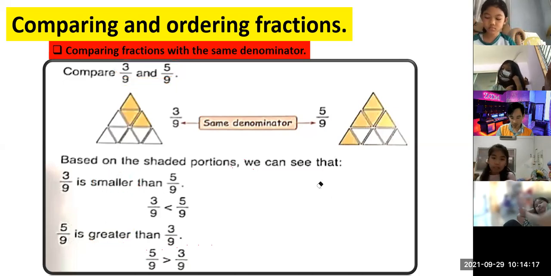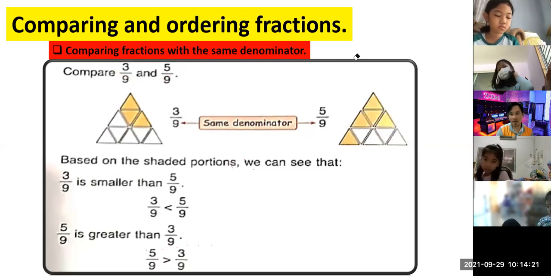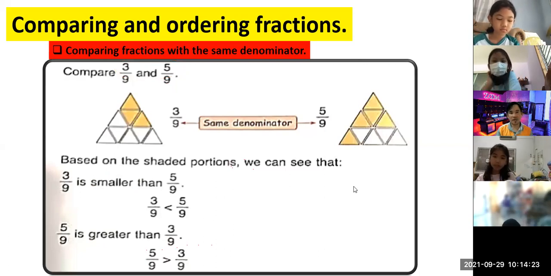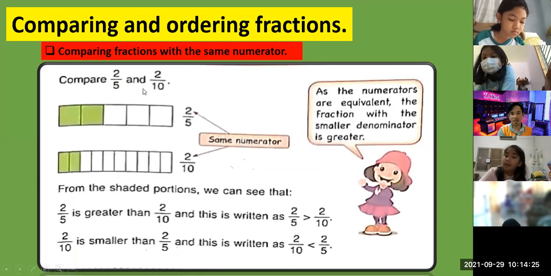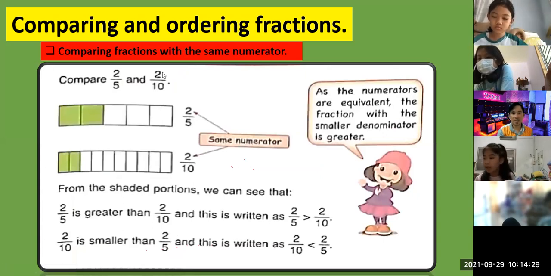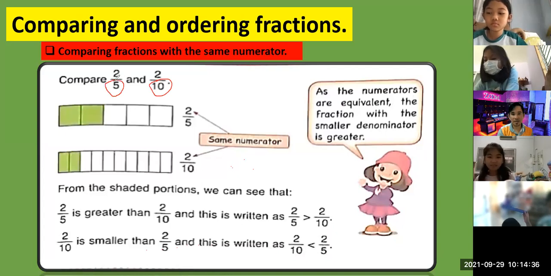Okay, next. Here, page 75. On page 75, you will see they have different denominators. Here is 10. Here is 5. But the numerators are the same, 2 and 2, right?